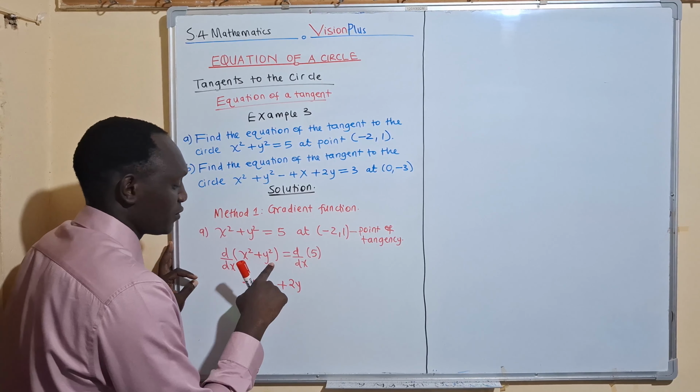Now from here, this dx and this dx are cancelling out, so that here we have 2x plus 2y dy/dx equals 0. But the method of gradient function means we are looking for dy/dx. So from here, let us make dy/dx the subject of the formula.